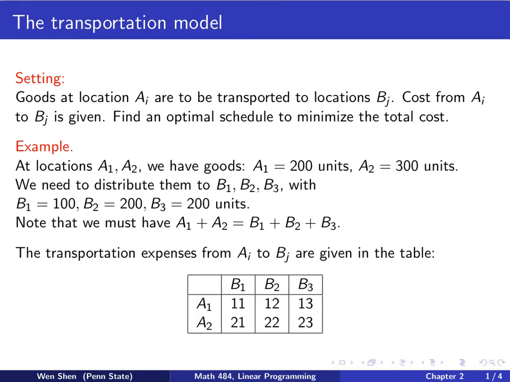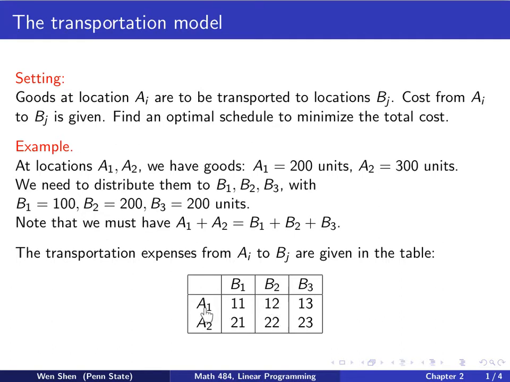Okay, now we are given the transportation expenses from Ai to Bj. So this is best represented in a table. Okay, so here's the table. What's listed here is from A1 moving to B1, this costs me 11 units of money, whatever. And then from A1 to B2 costs me 12.